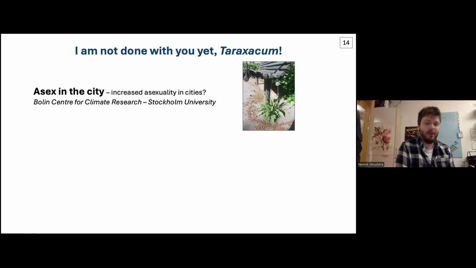If I stay with urban ecology for a moment, I'm currently investigating whether asexual reproduction is indeed increasing in cities, as I thought it would be, and whether species are switching to more asexual forms of reproduction, or whether self-fertilization is increasing, and what effect that has on the genetic diversity of urban plants.